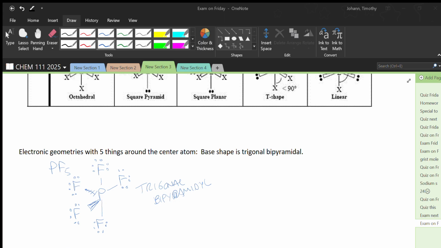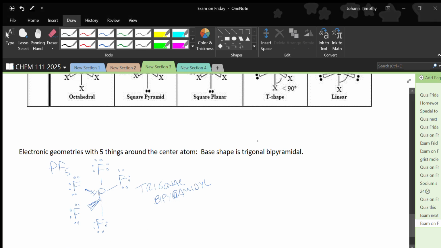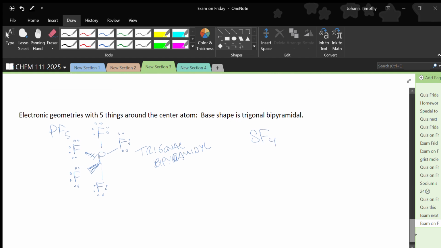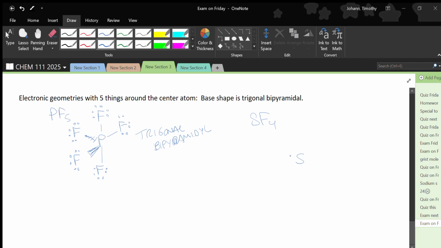All right, so now what we need is we're going to replace one of those with a pair of electrons. An example of that, I think, is sulfur. Yep, an S. So if we do SF4, that is going to look like this. I'm going to have a pair of electrons there.